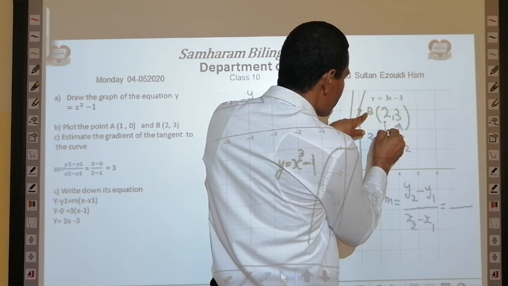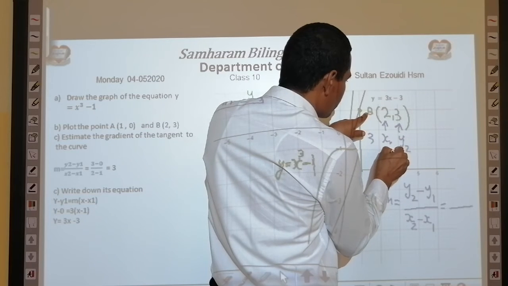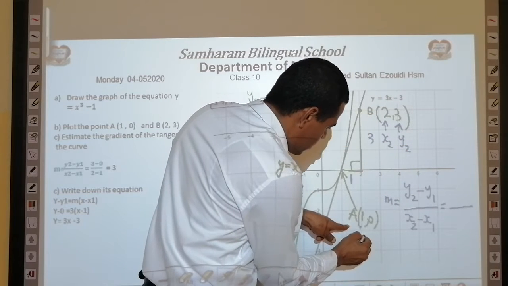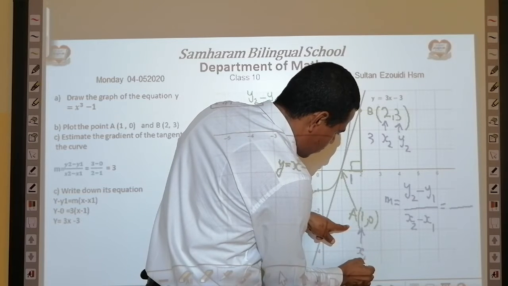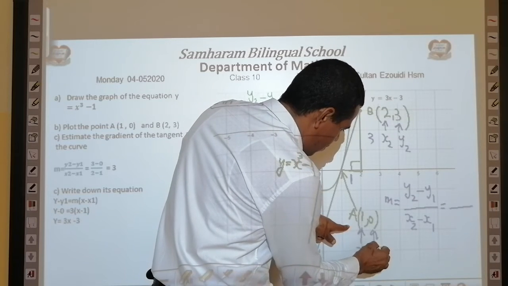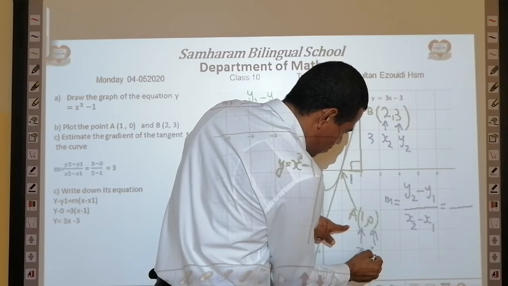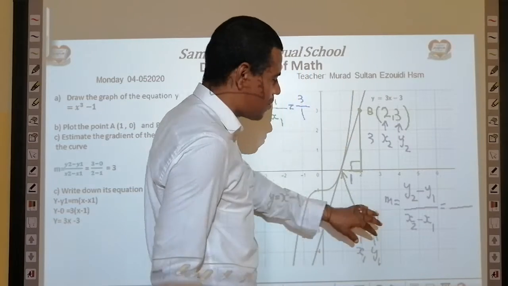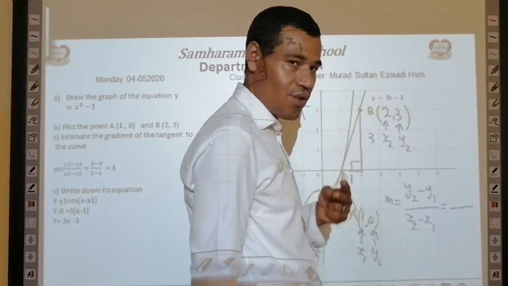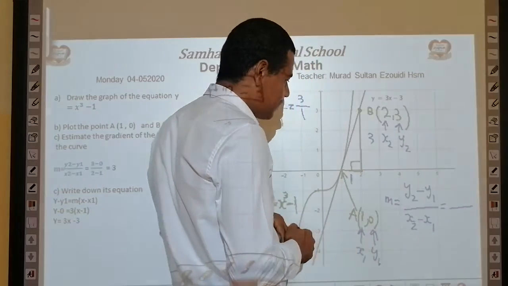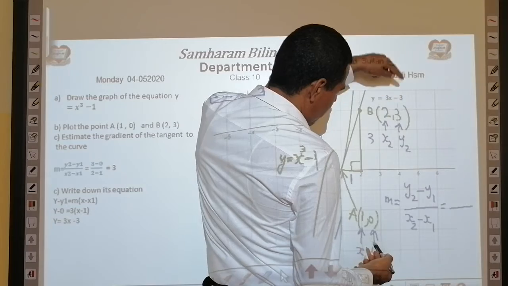And this one is x2. This point is the x coordinate, I will label as x1. The 0 is the y coordinate, I will label as y1. Then I will substitute the values of the x and y coordinates of the two given points. Okay. So, y2 is what?